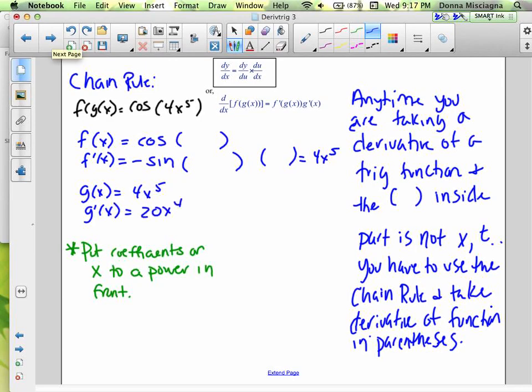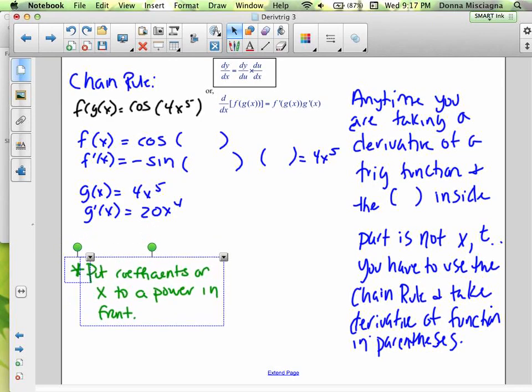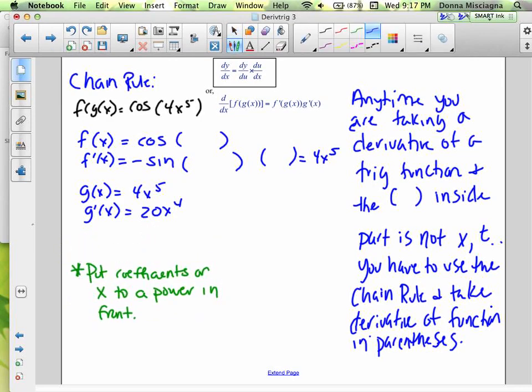All right, so for our derivative, I'm going to move this down just a little bit. We're just going to multiply those two things. We're going to have f prime of x times g prime of x. Actually, no, we're just going to write it as dy dx there.